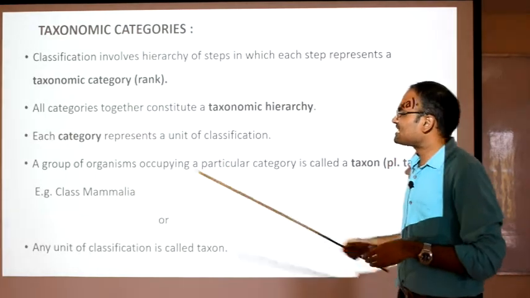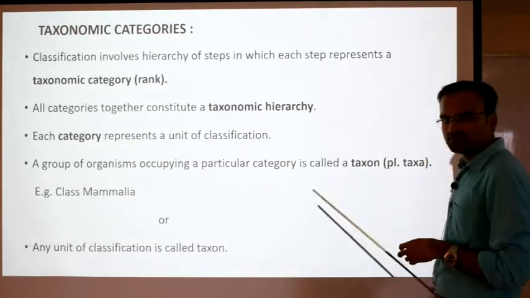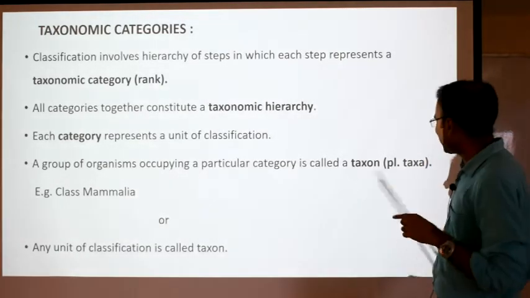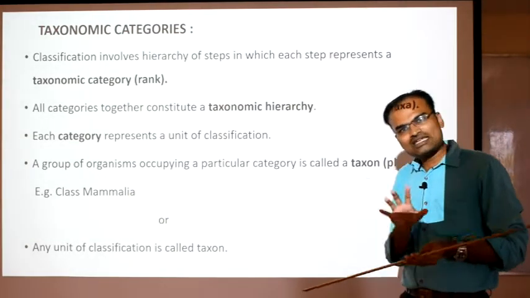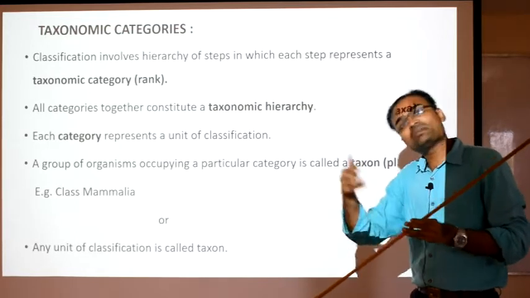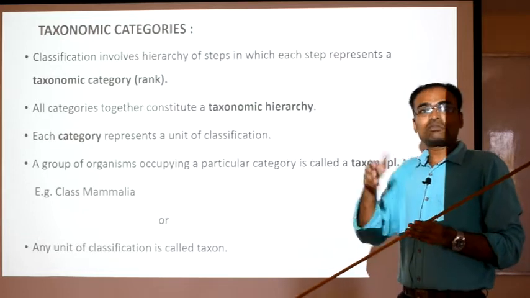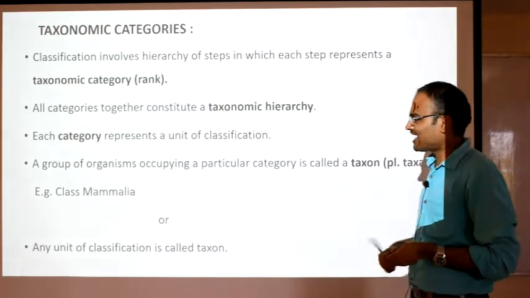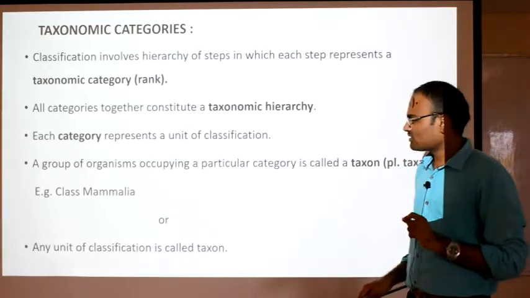A group of organisms occupying a particular category is called a taxon. Taxon is singular, taxa is plural. For example, class Mammalia. Mammalia is one class name where all the mammals, that means the viviparous organisms, or the organisms possessing mammary glands to produce milk, are kept in a taxon called Mammalia.